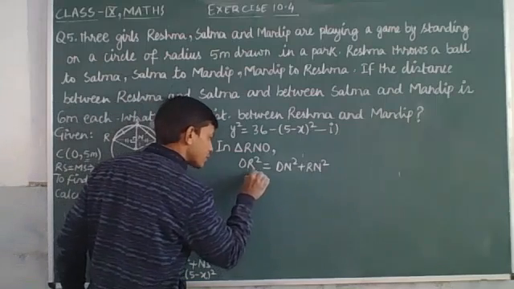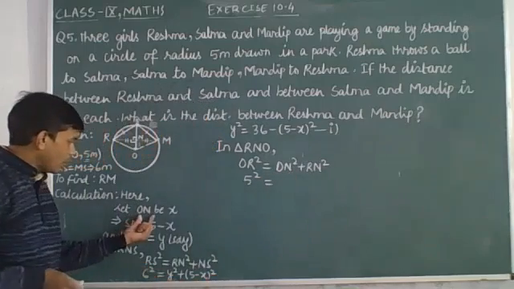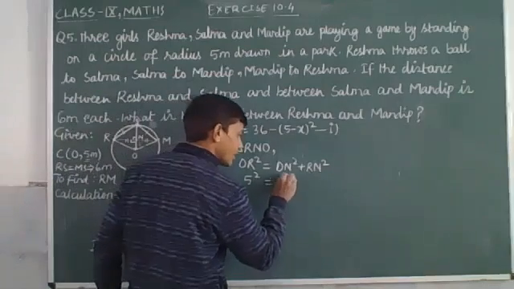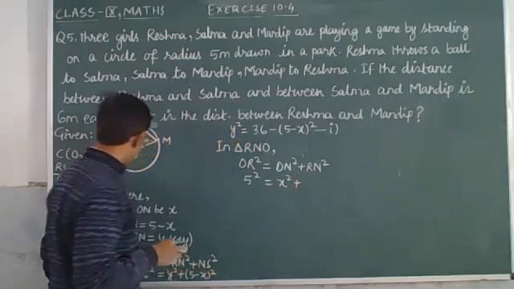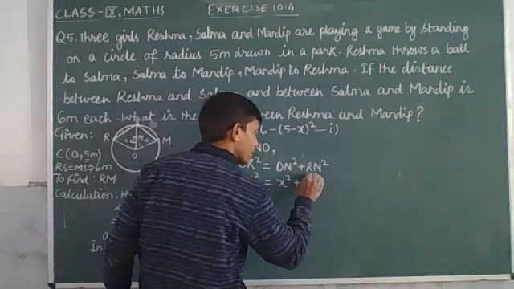So it is 5 square equals ON square, and this ON we considered earlier as x, so it is x square plus RN square, and this RN equals y, so it is y square.